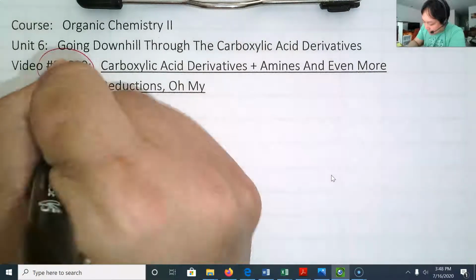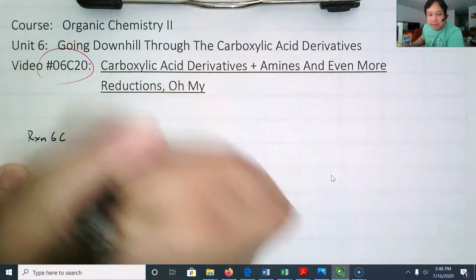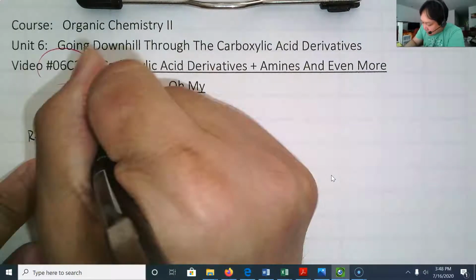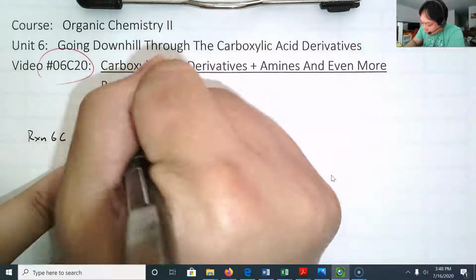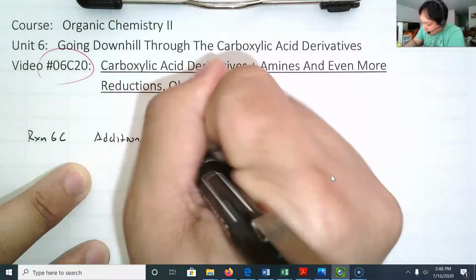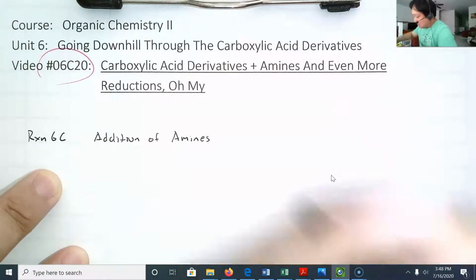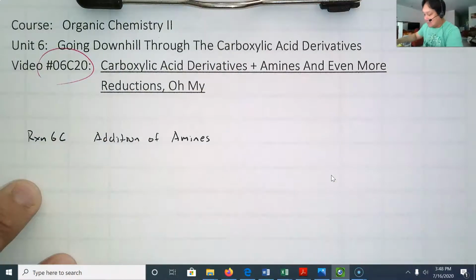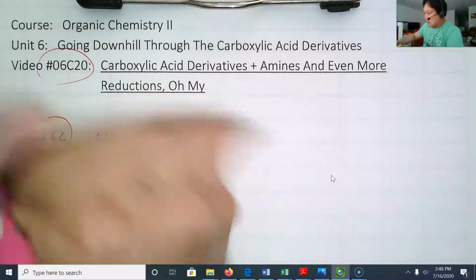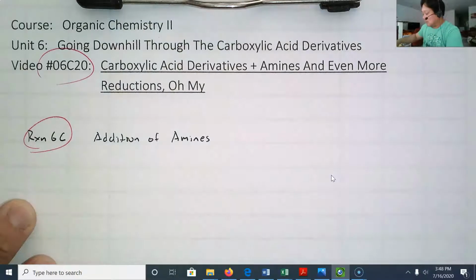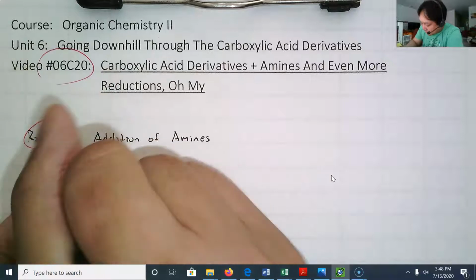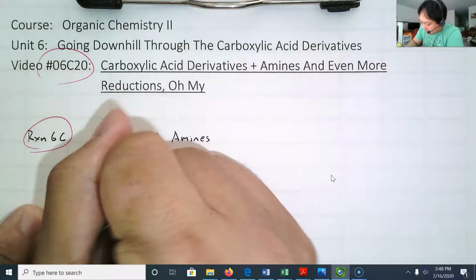Unit 6, the third reaction, C, addition of amines. Let's start out with acid chlorides. We have an acid chloride that looks like this.